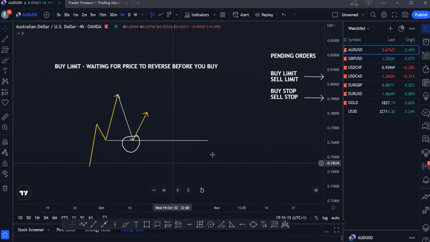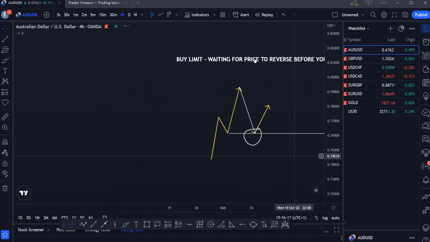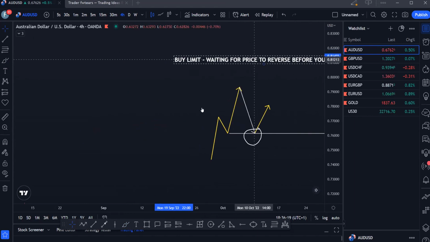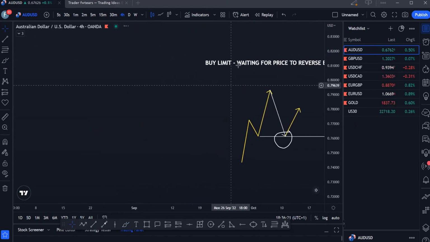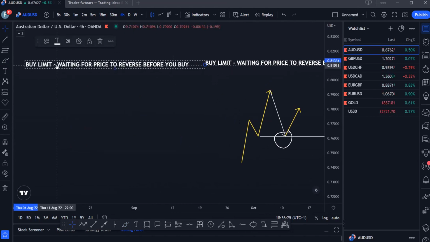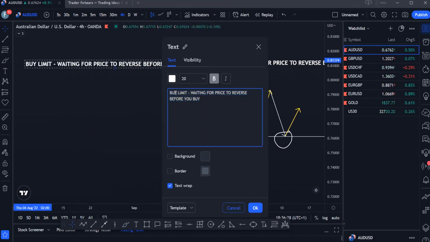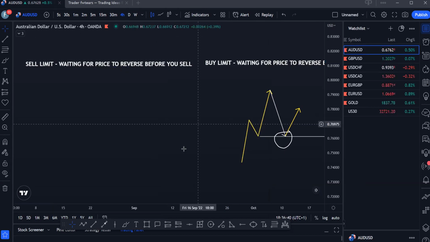For a sell limit, it is the direct opposite. For a sell limit, you want to sell, but you're waiting for price to reverse before you sell. So this is a scenario where you use a sell limit.